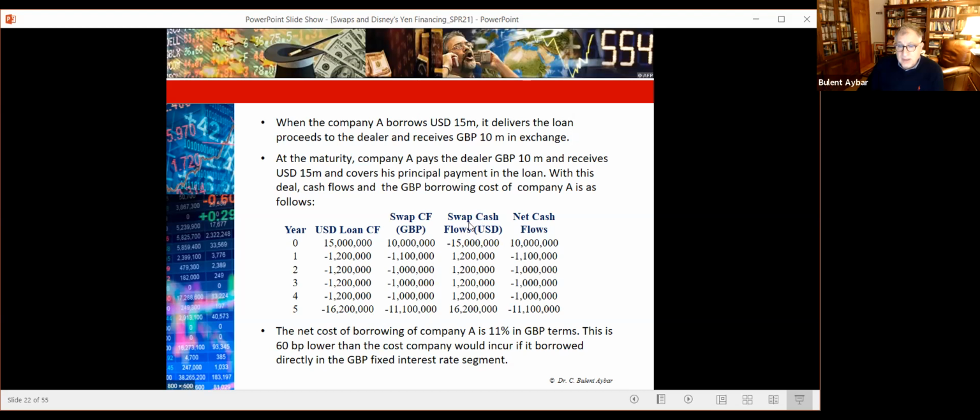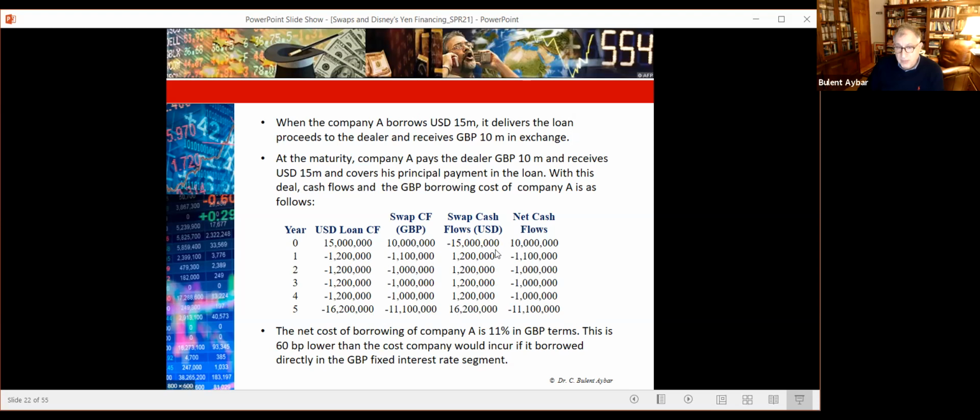In the swap deal, the company will make a 15 million dollar payment to the swap dealer, and in exchange is going to receive 1.2 million, and finally the principal of 15 million in the fifth year. So all of the payments that the company is going to make to the original lender, and the payments that it is going to receive in dollar terms from the swap dealer, are going to offset each other.